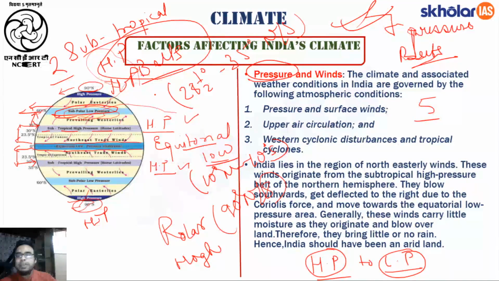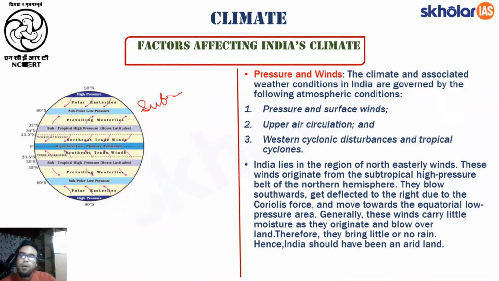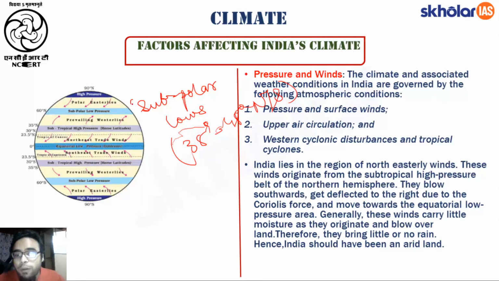And these areas are called subpolar lows, which are found between 35 degree to 45 degree north and south, right? So, how many subpolar lows will we have? In total 2 subpolar lows. So, in total, how many belts do we have?